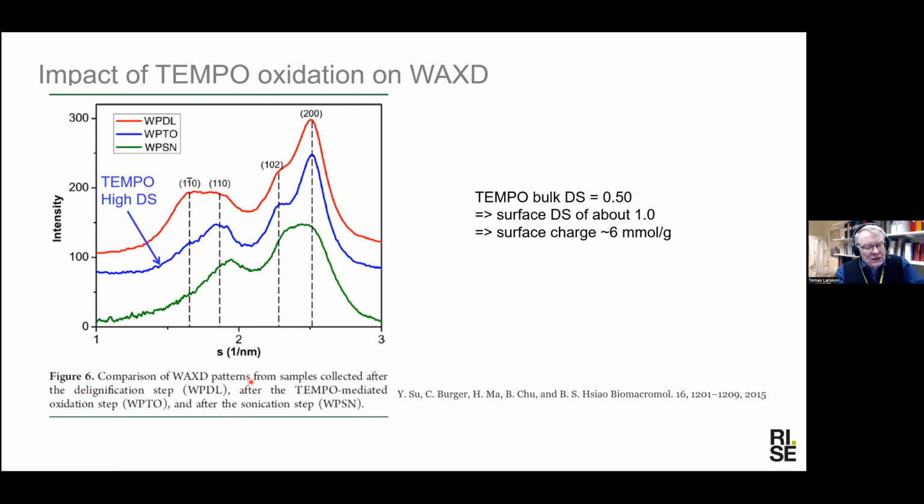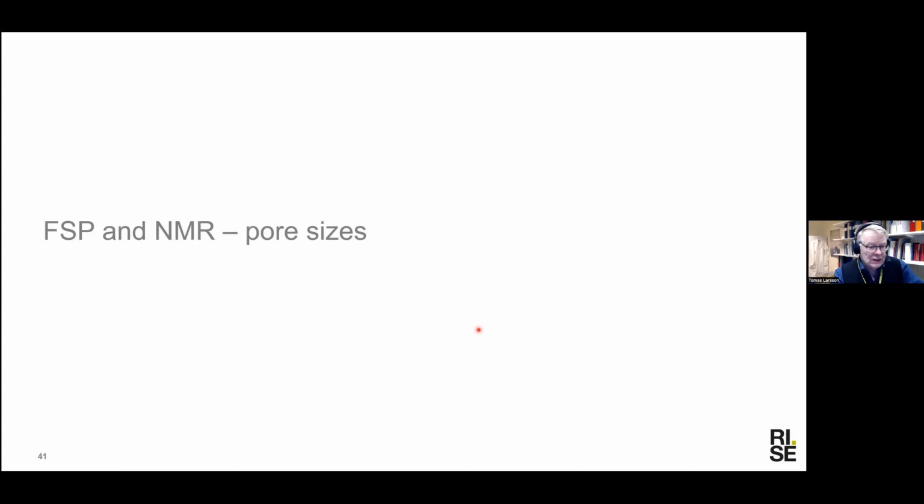So this was basically confirmed by XRD or WAXS, which is more or less the definition of these crystallographic planes. And that's also an additional piece of experimental support for this quadratic cross-sectional fibril model that we use. And that was kind of nice.